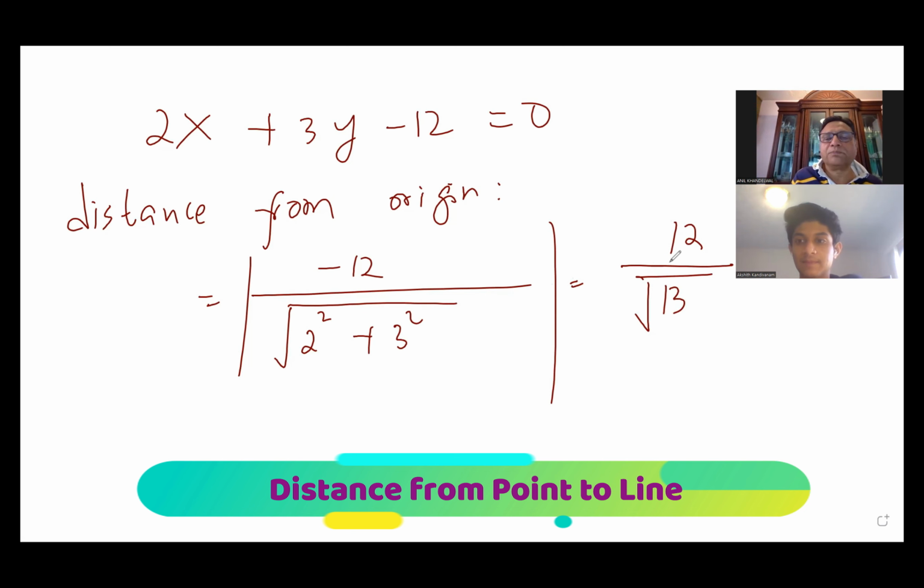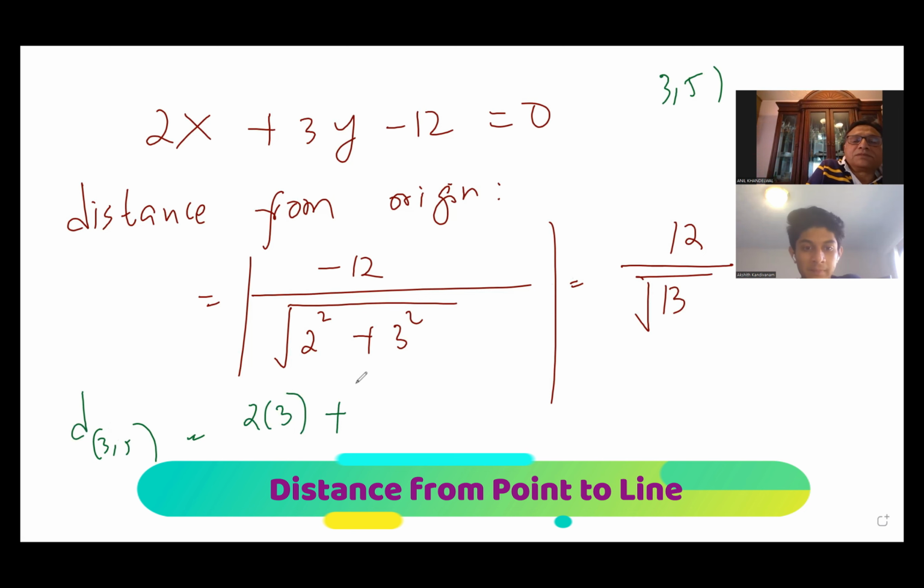If this was some other point, let's say the point is 3,5, in that case, distance from point 3,5 will be what? 2 times 3 plus 3 times 5 minus 12 over square root of 2 square plus 3 square. Is that clear to you? Yes, sir.